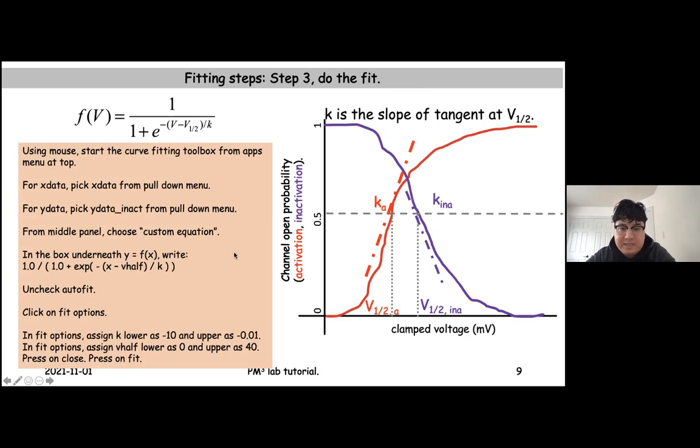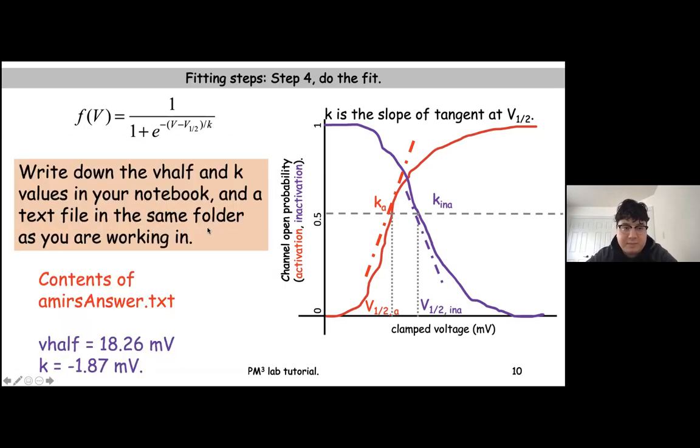Auto fit has to be turned off, and the fit option will be clicked. In the fit options, values have to be assigned to K between the ranges that have been obtained. The same has to be applied for V half. The upper range is the highest value of voltage obtained, and the lowest is 0. Finally, fit will be clicked, and a sigmoidal will be obtained.